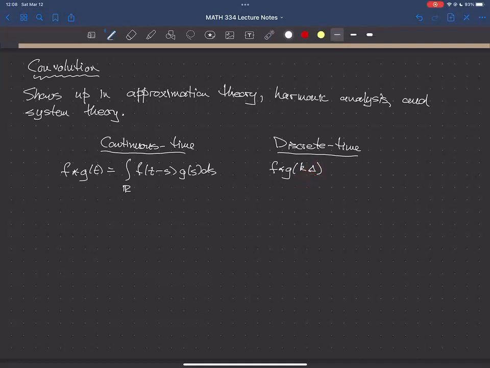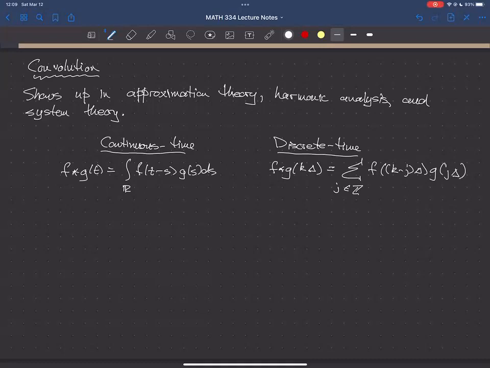Okay, and the convolution looks like this. Okay, so as opposed to an integral over R, it's a sum over Z. And so it's f of (k minus j) delta, g of j delta, like that.